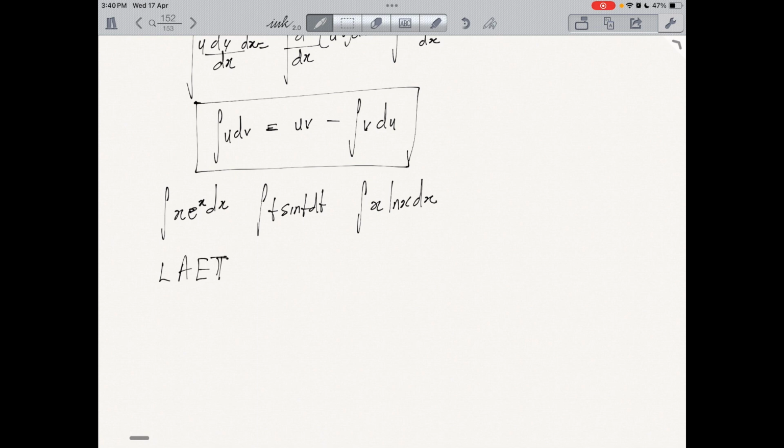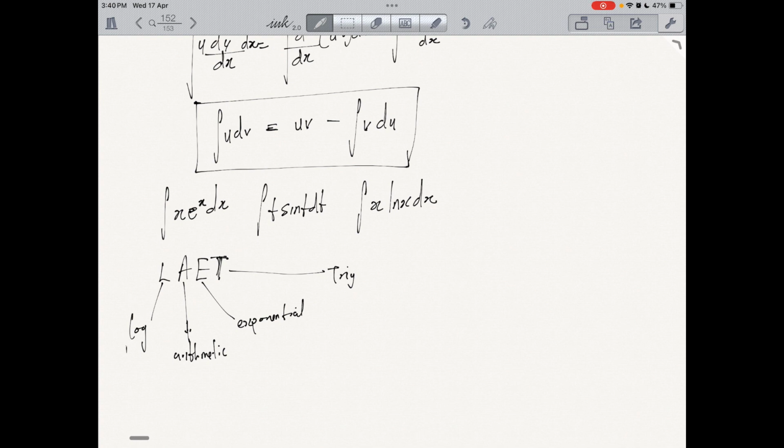LAET, where L is logarithm functions, A is arithmetic functions, E is exponential functions, and T is trigonometric functions.